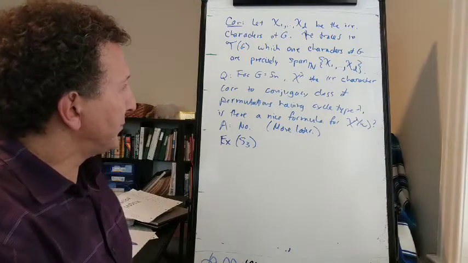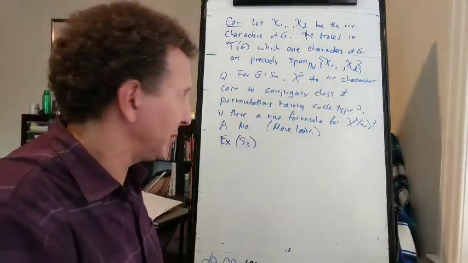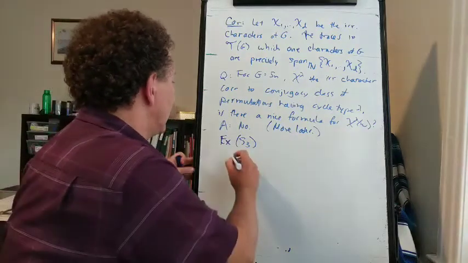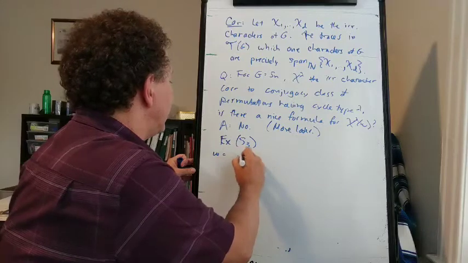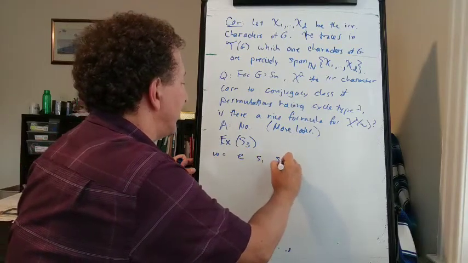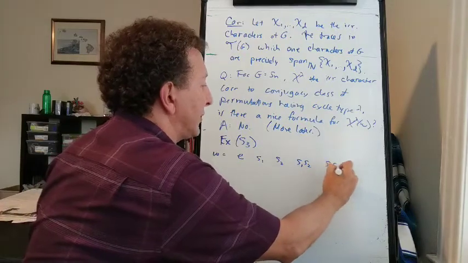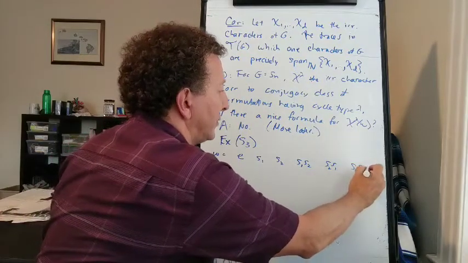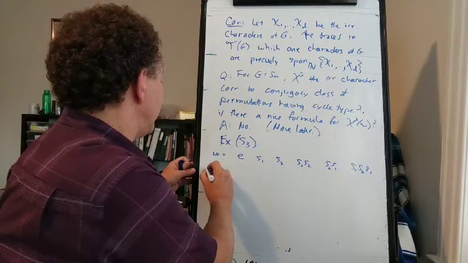So, as I said earlier, one-dimensional characters are certainly irreducible. So if we look at W equals E, S1, S2, S1 S2, S2 S1, S1 S2 S1, we've got the character called the trivial character.